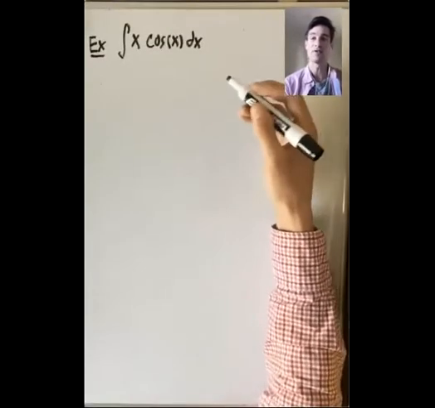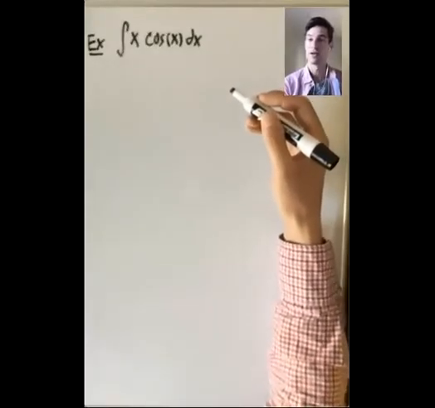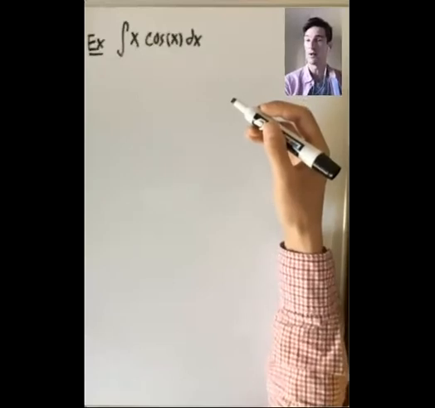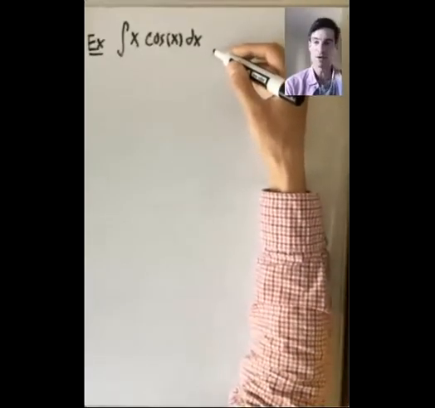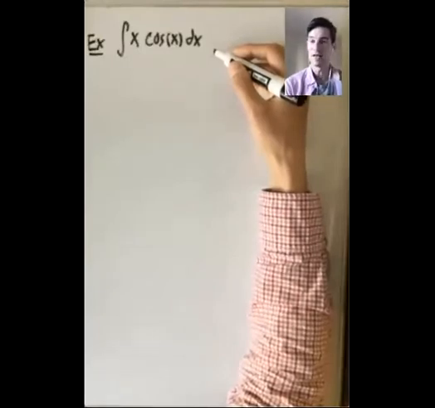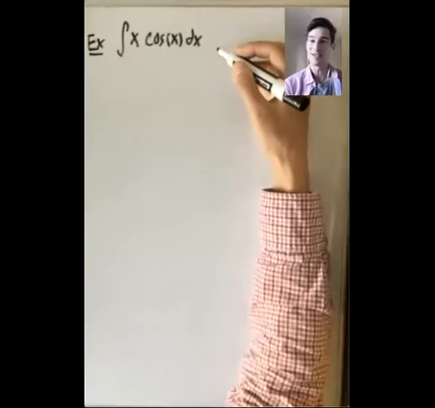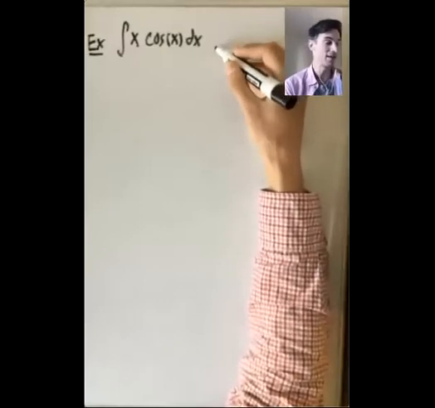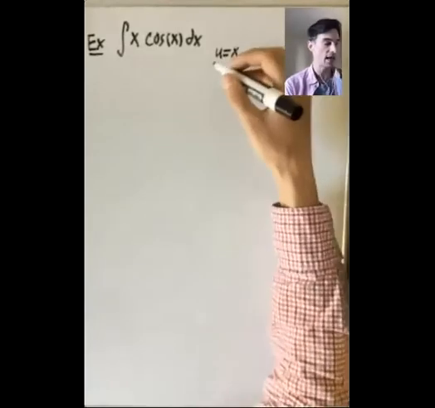And the rest of the function, dv, which is whatever is left over, shouldn't get much more complicated when we take an antiderivative. So the derivative of cosine is negative sine. That's not simpler than cosine. But the derivative of x is just 1. So that's definitely simpler. So let's see what happens when u equals x.